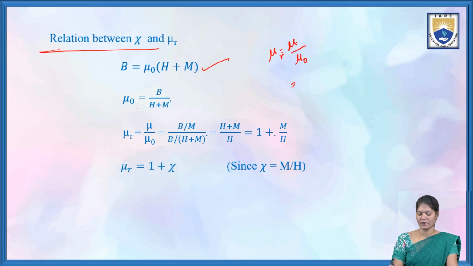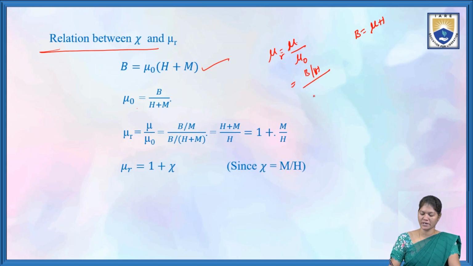What is the mu value? Mu is equal to B by H, because B is equal to mu H.